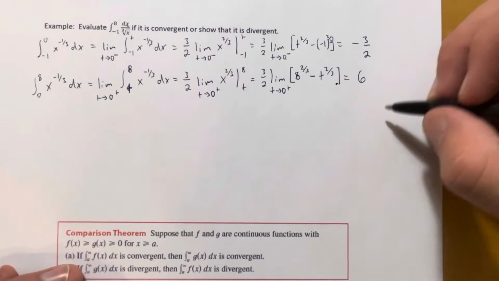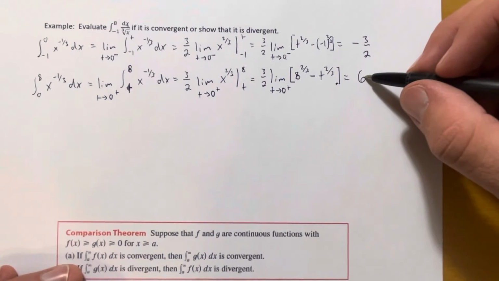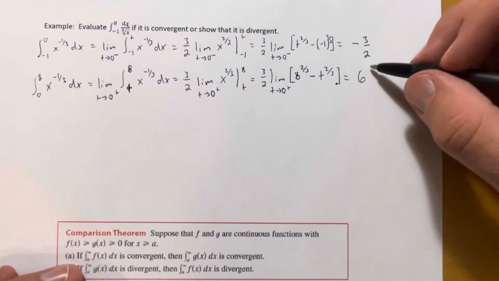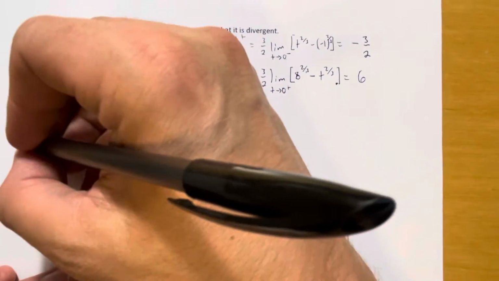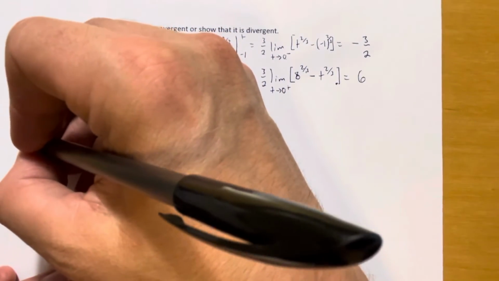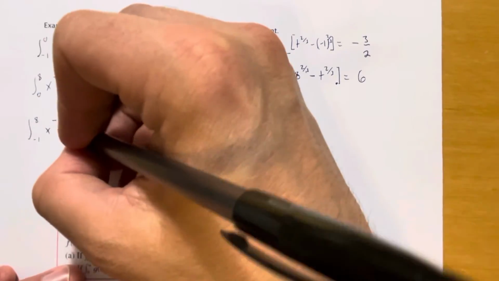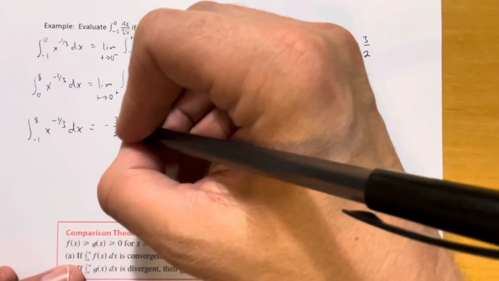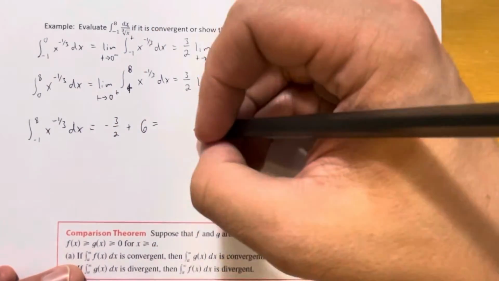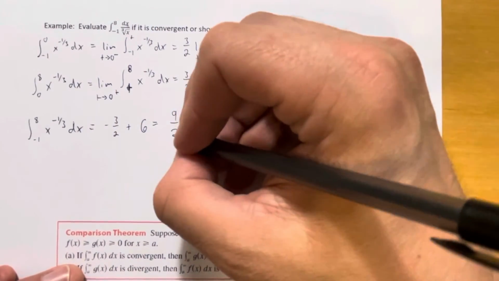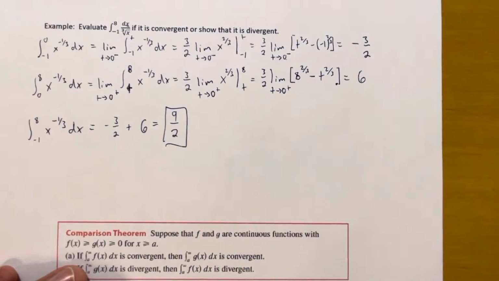Now, if I add these two things together, 6 is the same thing as 12/2. 12 minus 3/2 is 9/2. So that means that this guy, the original integral, is equal to -3/2 plus 6, or equivalently 9/2. Okay, that one wasn't so bad.